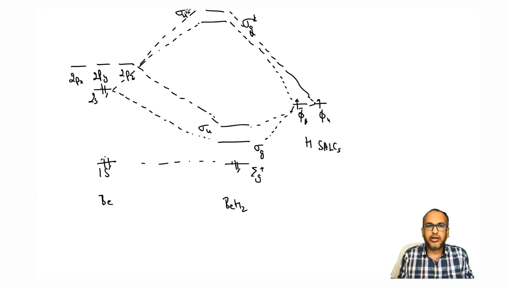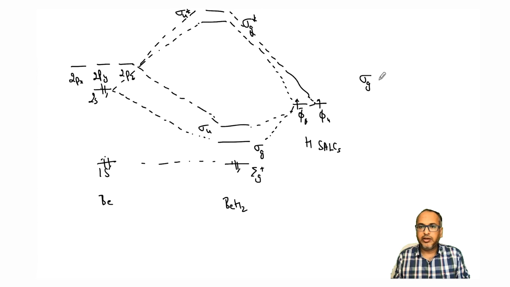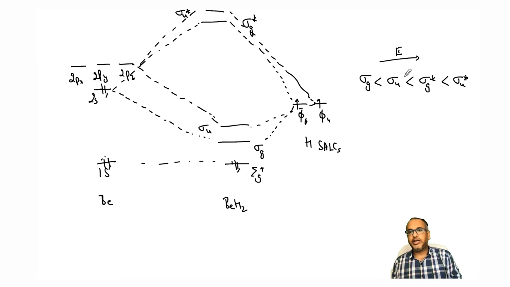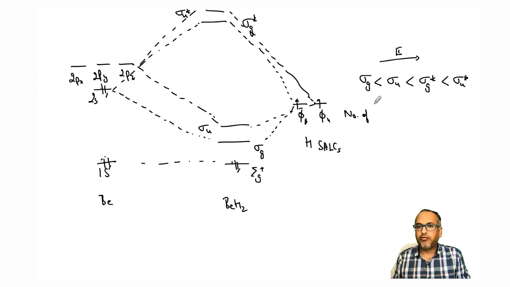So now you see that I have arranged sigma G at the lowest with sigma U, sigma G star and sigma U star. Okay, this is in increasing energy. Why did I do that? First of all, these are bonding, these are anti-bonding.